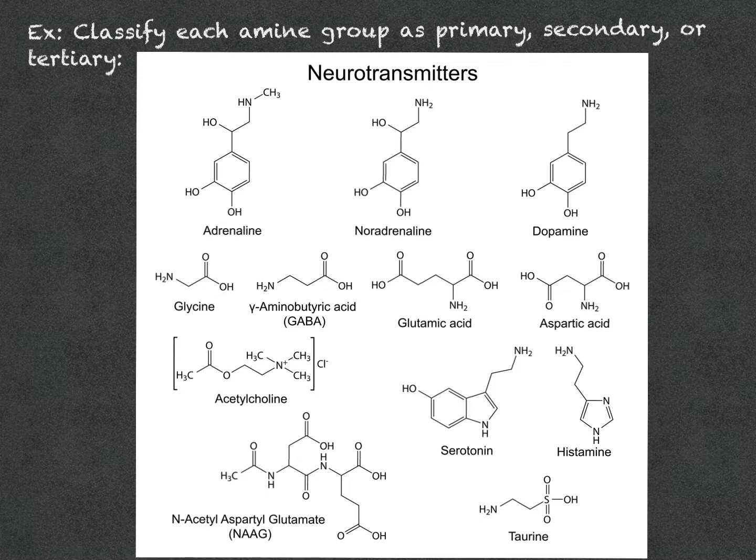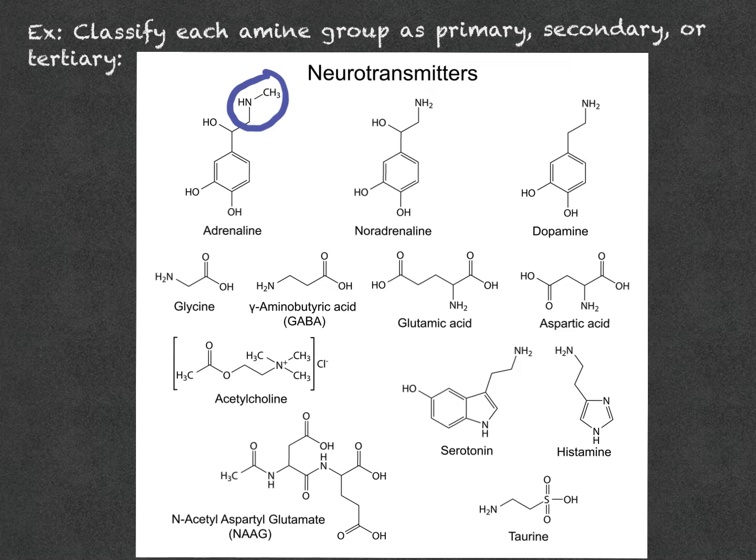In the adrenaline molecule, we see we have our nitrogen atom here. That's the only nitrogen in the molecule, so that's the only candidate for where there could be an amine group present. We notice that this nitrogen is not directly connected to a carbonyl. Therefore, we do classify it as an amine and not an amide. I'm going to go ahead and circle it, and I will classify that as primary, secondary, or tertiary based on how many carbons are directly bonded to the nitrogen.